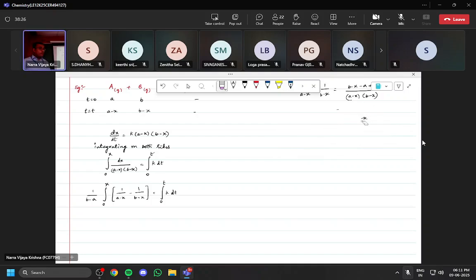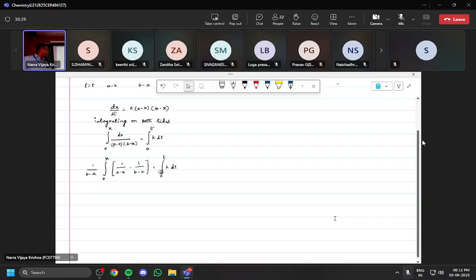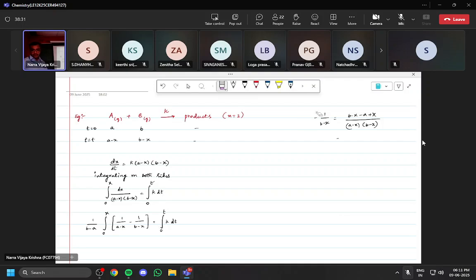What is the integral of 1 upon a minus x, or the integral of (a minus x) power minus 1? What will you get? That implies 1 upon b minus a into the integral of this term, (a minus x) power minus 1. Again, I need to write minus 1 in the denominator.